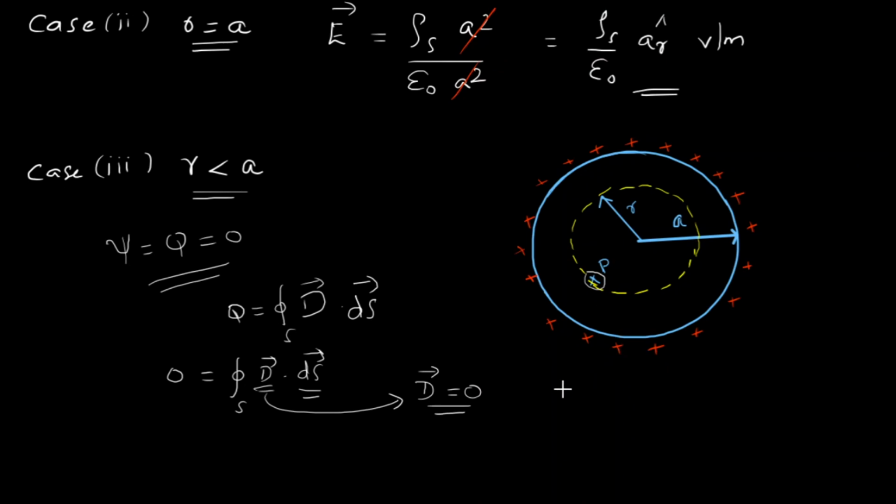If D vector is 0, what about E vector? Because E vector is nothing but D vector divided by epsilon, and now D vector is 0. So this directly indicates that E vector is also 0. So no electric field exists inside a spherical shell of charge. This has numerous applications, and this is one reason pointed out by many scientists.